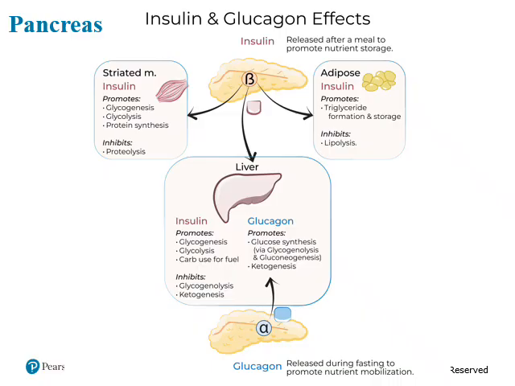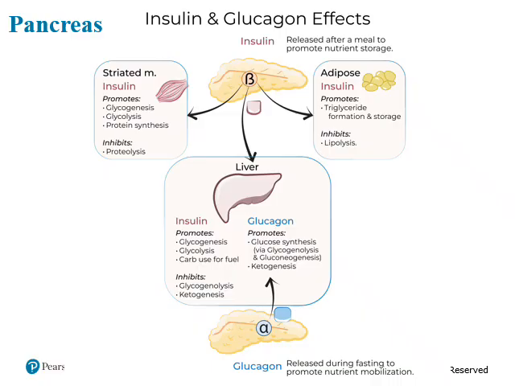But in the same token, we know that if we are eating a lot and there's a lot of sugar in the bloodstream, it cannot just stay there. It has to go to the cells so that you can burn it. Insulin helps promote glycogenesis, which means if there's a lot of glucose, insulin will stimulate the production of glycogen.